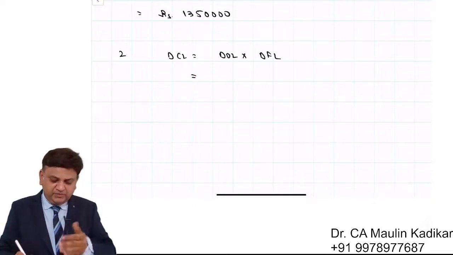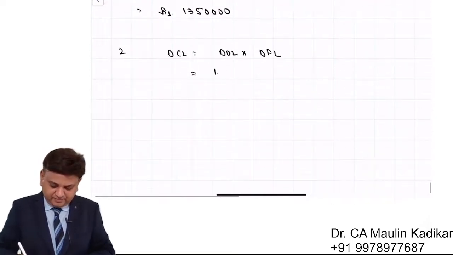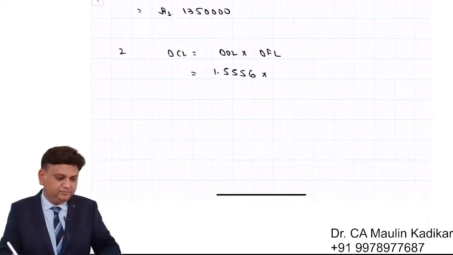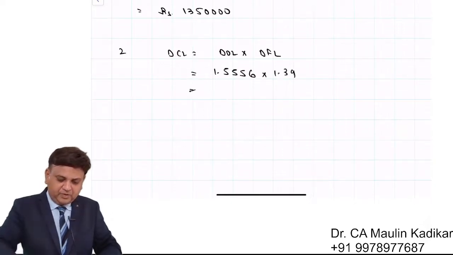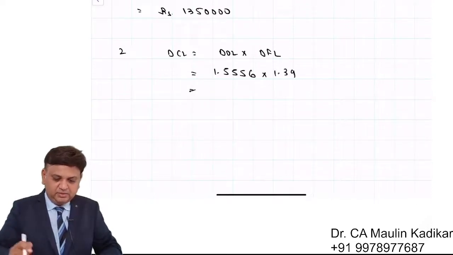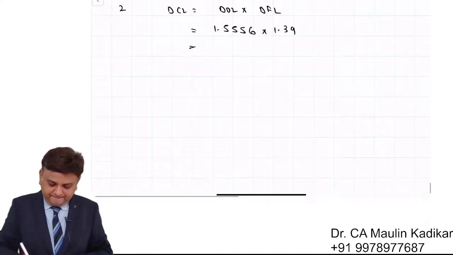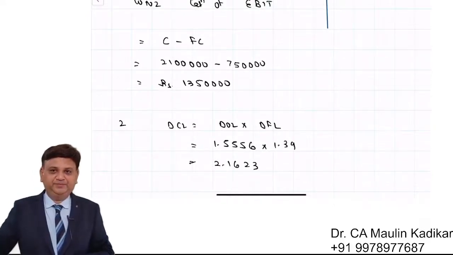DOL has been found by us 1.556. DFL is 1.39. 1.556 into 1.39, so 2.1623. That is the way the DCL can be found.